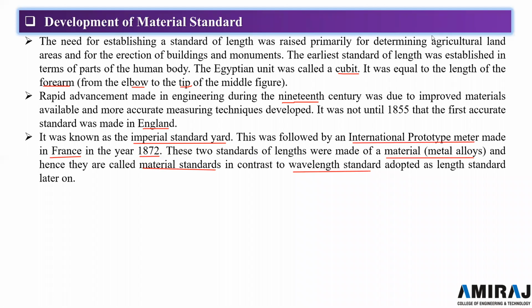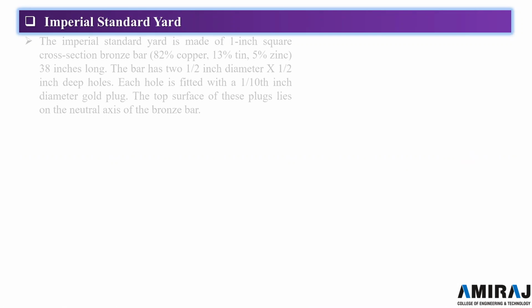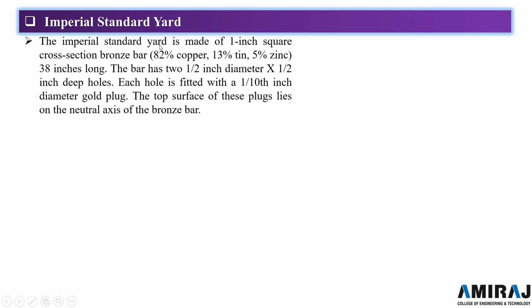Now, this is about the development of material standards. The first standard is the Imperial Standard Yard. The Imperial Standard Yard is made of a 1 inch square cross section bronze bar.